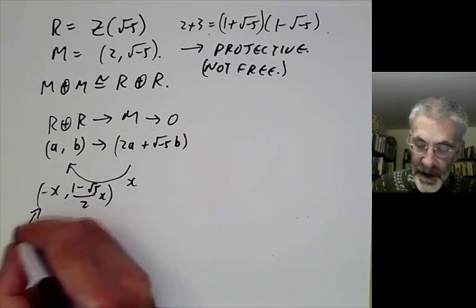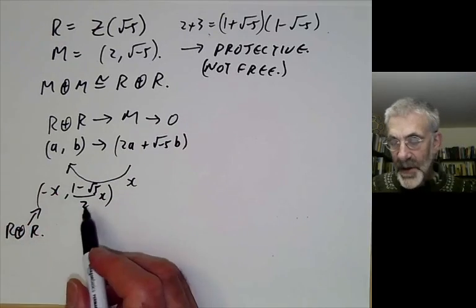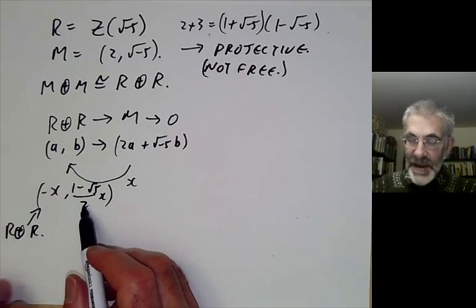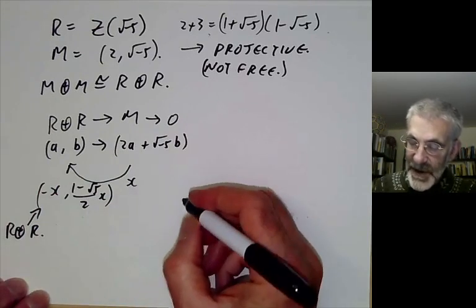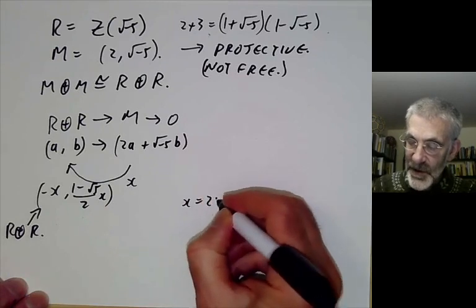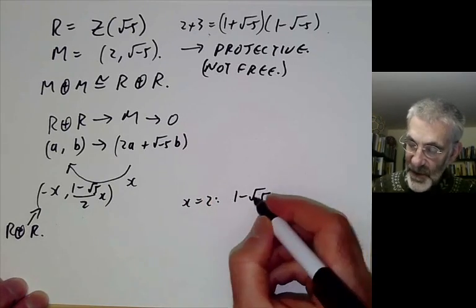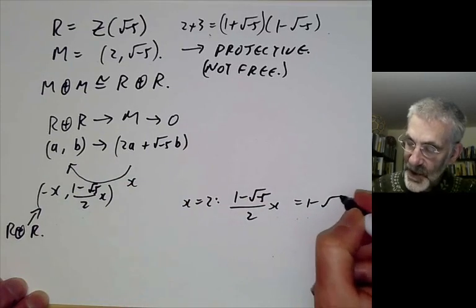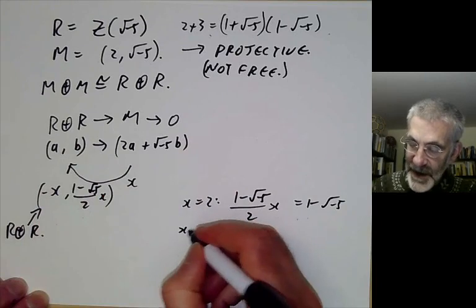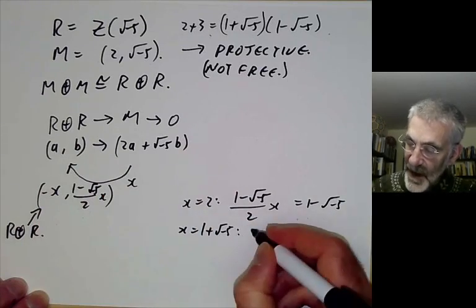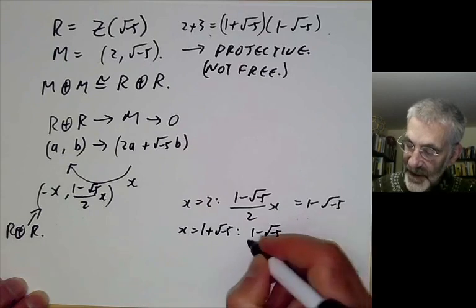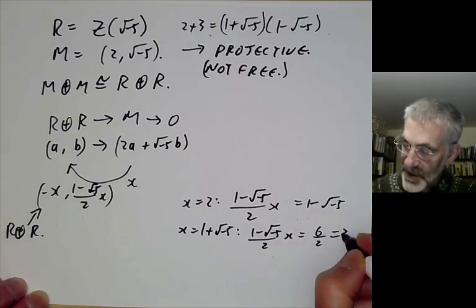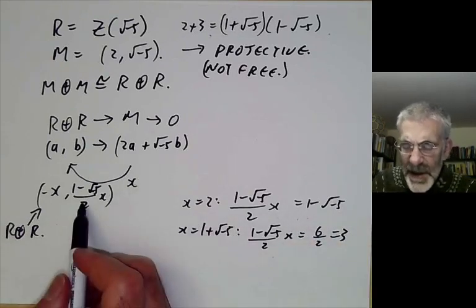So this is in R plus R. And you may be a bit suspicious of this because here we're dividing by 2, but this doesn't actually matter because we notice that if x equals 2, then 1 minus root minus 5 over 2 times x is equal to 1 minus root minus 5, which is still in R, and if x is equal to 1 plus root minus 5, then 1 minus root minus 5 over 2 times x is equal to 6 over 2, which is equal to 3, which is still in R. So this 2 doesn't actually matter.